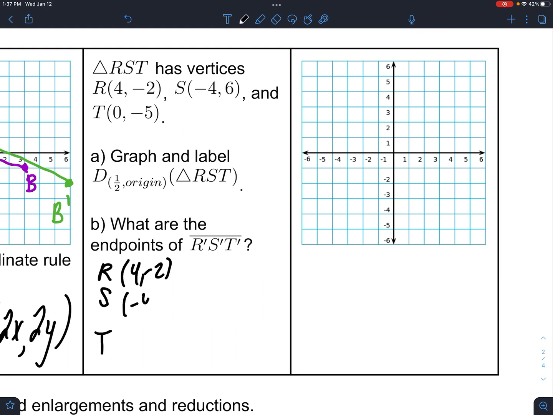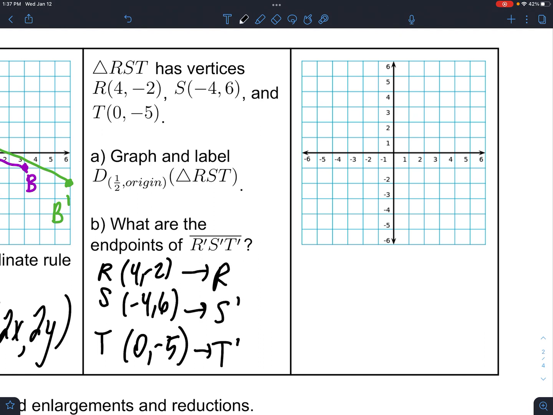Okay? Let's do this for a triangle. So first I want to copy down the points. T prime, S prime, R prime. And now I'm going to also graph the preimage. Okay, this is R, T, S. All right, scale factor is what? It's 1/2.